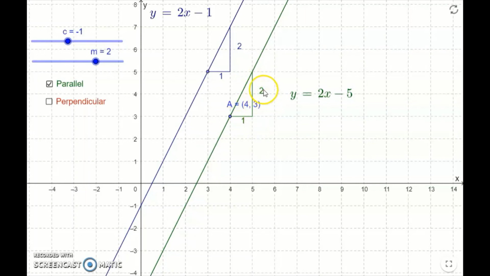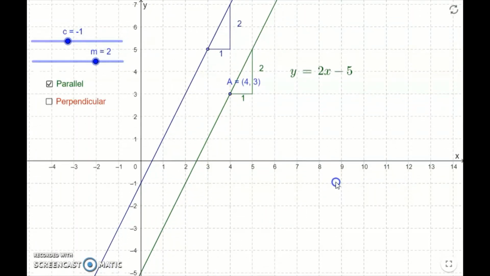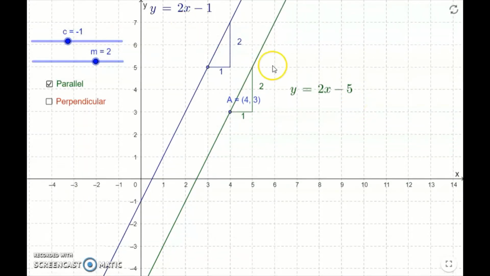It has a rise of 2 and a run of 1, and its y-intercept will be down here at minus 5. And its formula will be y equals 2x minus 5, because it has the same slope. Parallel lines have the same slope.